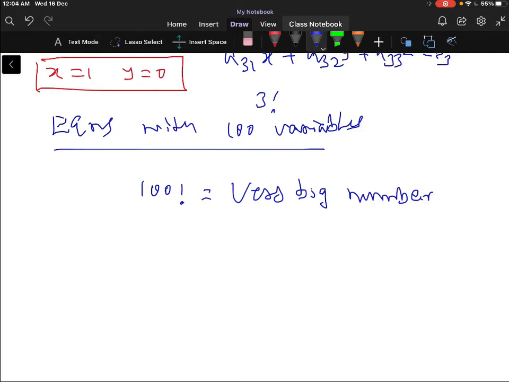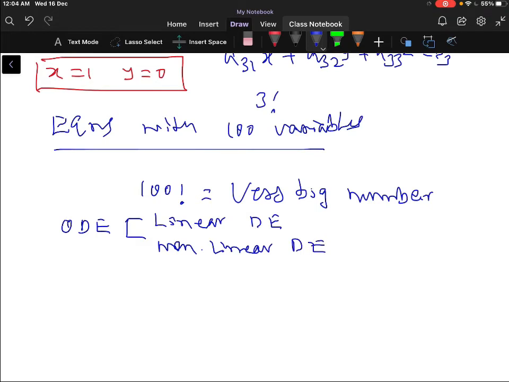Let us take another example of ordinary differential equation. So generally the ODE can be classified into linear differential equation and non-linear differential equation. So easily we can solve the linear differential equation by using the analytical method.